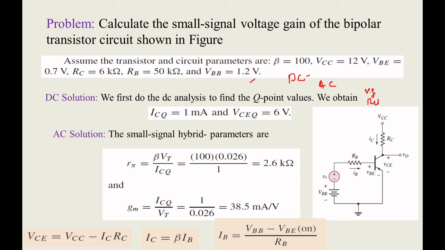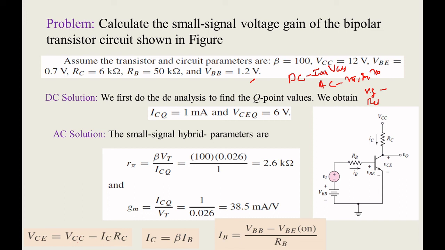The DC biasing parameters are ICQ, VCQ and IBQ. AC parameters are R pi, gm and R naught, and you want to find output resistance, input resistance and the voltage gain. Here I have given the values, as you already discussed the DC biasing.